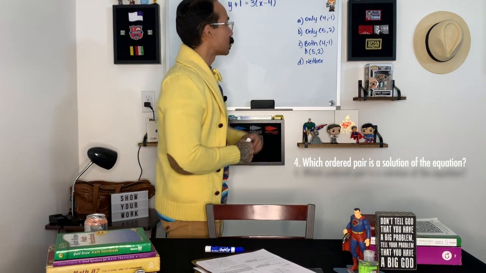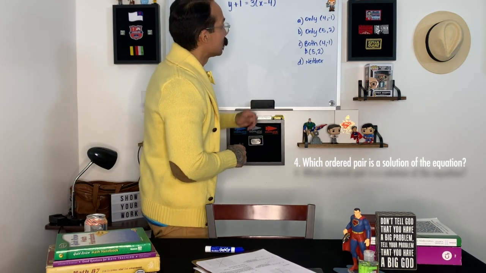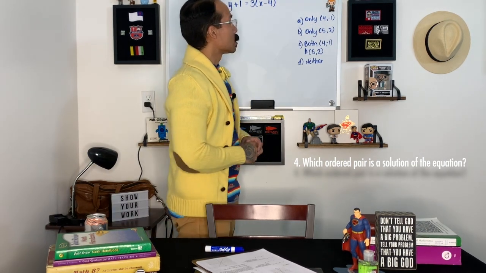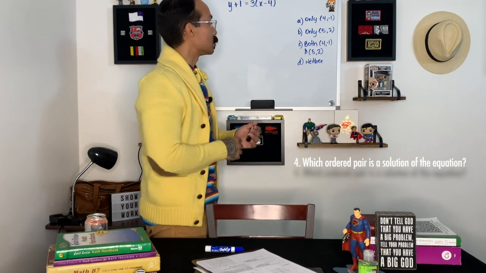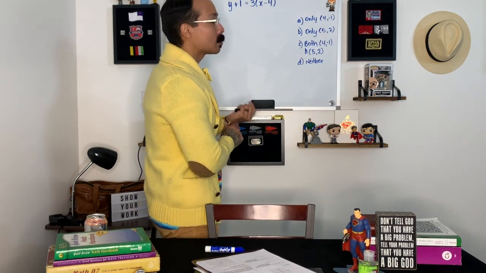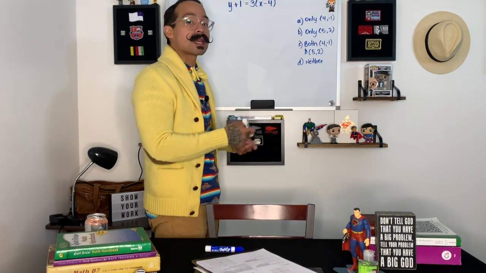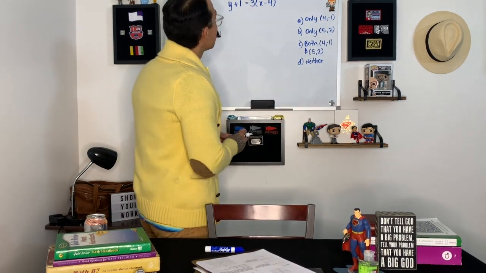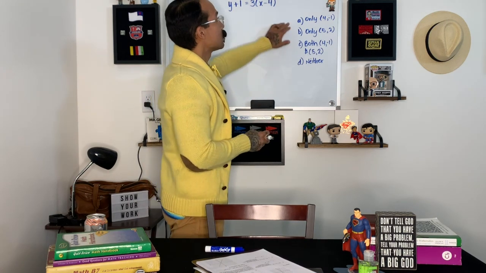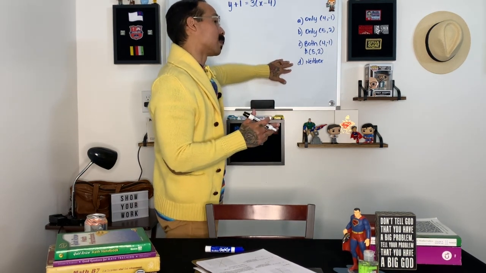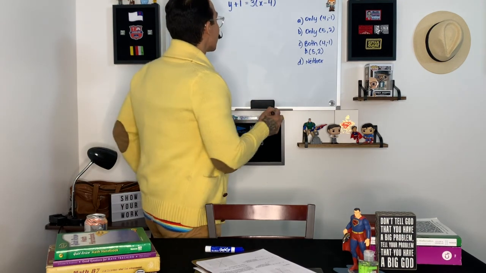This is a multiple choice problem, and we can tell that we have 2 possible solutions that we could test out. And that's what we'll do. In this example, we can just substitute to see which one would be a solution, if both of them would be a solution, or if neither of them would be a solution. So let's go ahead and do that.